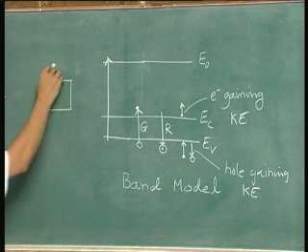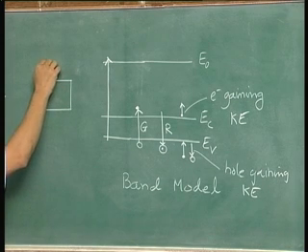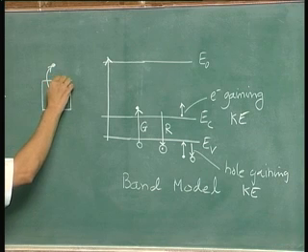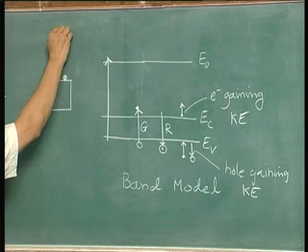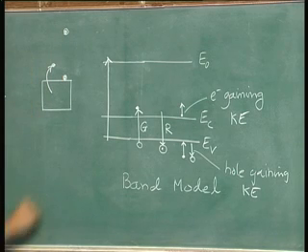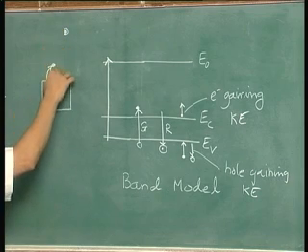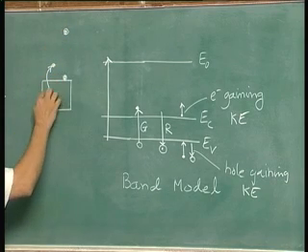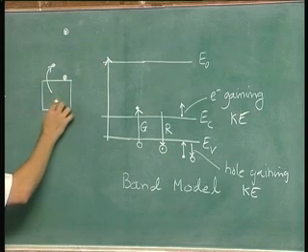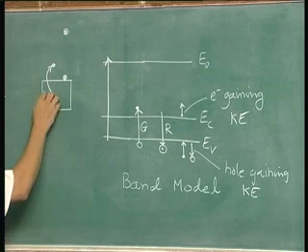Now it is important to note here that whether the electron is on the surface here or far away from the silicon crystal, the energy of these two electrons is the same, because both these electrons are out of the influence of the atoms. This is true only if the silicon piece is uniform.